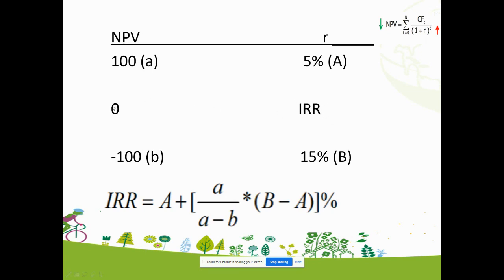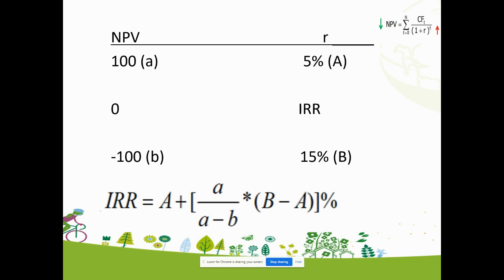And as you can see, you have a positive NPV at a discount rate of 5% and a negative NPV at 15%, which means that zero must be in between, and it also means the IRR is between 5% and 15%.